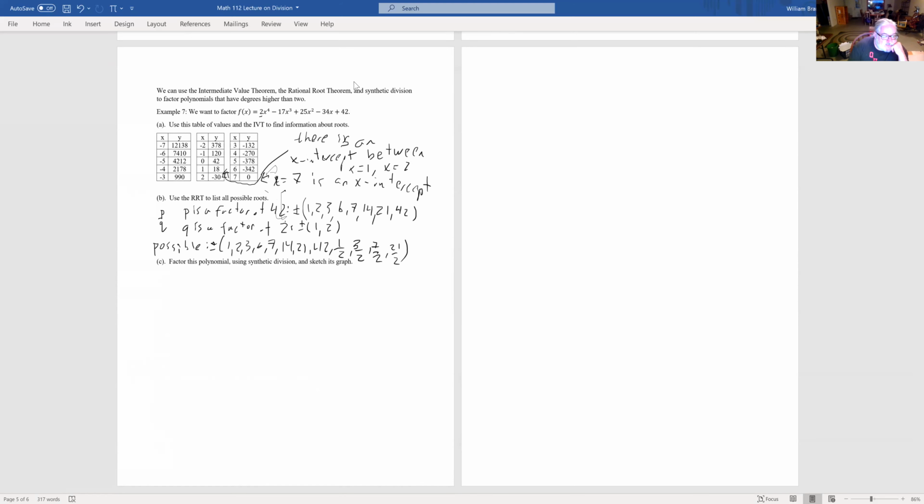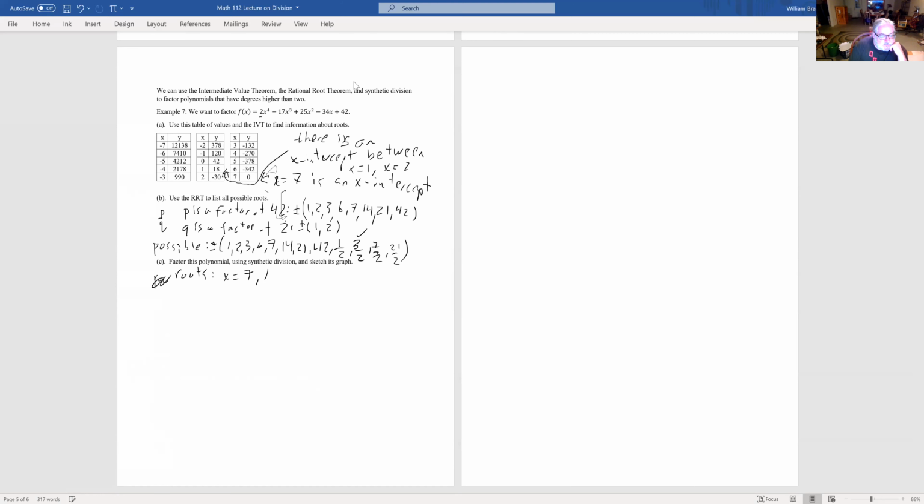So what are the roots that I think I've got? Well, I know x equals 7 is a root. And I know there's a root between 1 and 2. So which of these numbers is between 1 and 2? Just this one, 3/2.